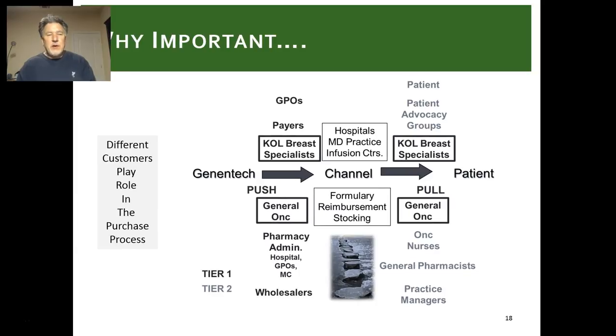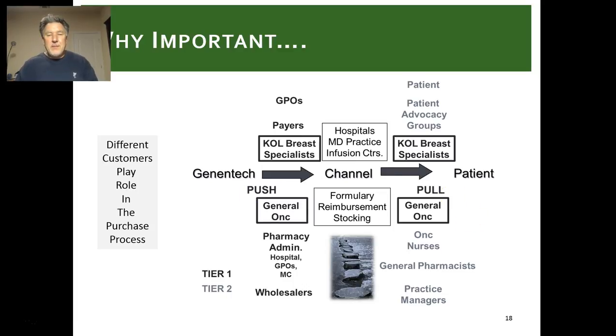So why is this important? I'll use this example from a business plan we did for a client, Genentech, where different customers play a role in the purchase process. Now, this looks a little complicated, so let me break it down. On the top line, strategically, you see the push and you see the pull.